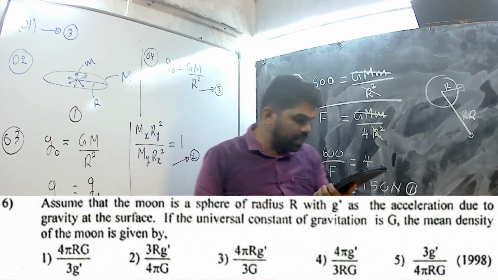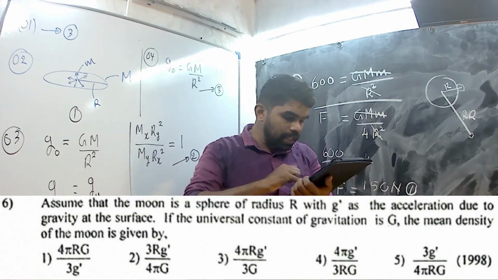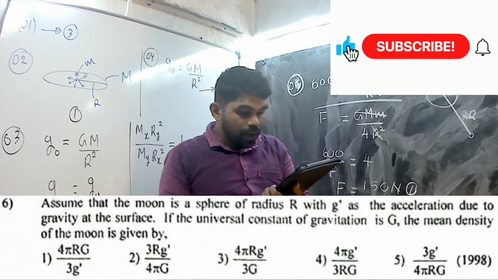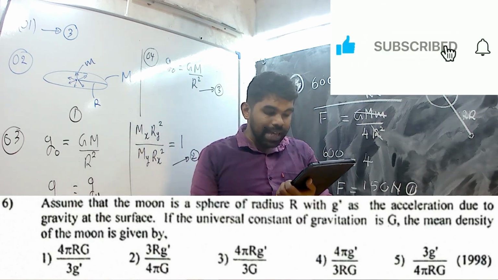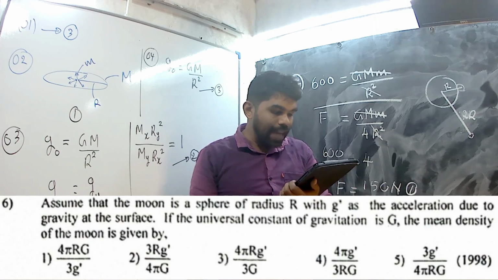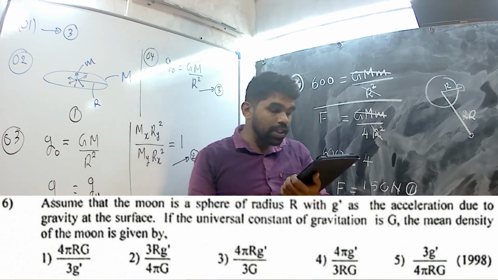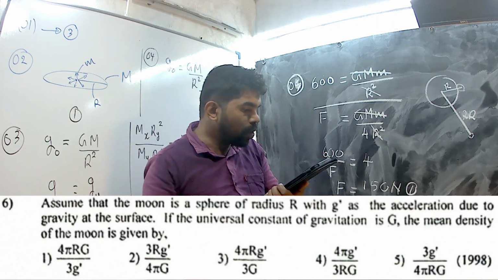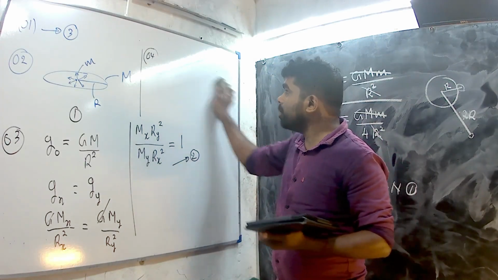Then question number 6. Assume the moon is a sphere of radius R with g as the acceleration due to gravity at the surface. If the universal constant of gravitation is G, the mean density of the moon is given by.